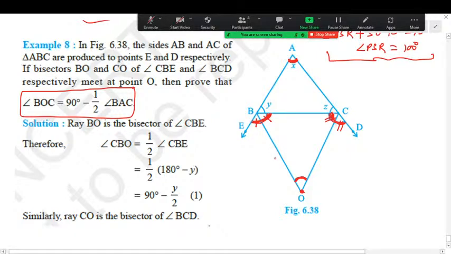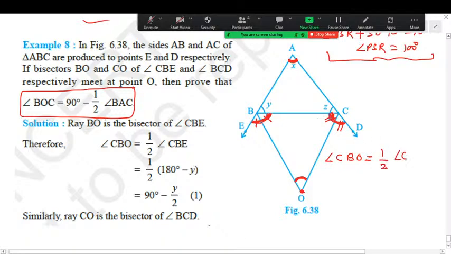In order to prove this, we use the concept of exterior angle as well as angle bisector. And what does it suggest? This angle CBO is half of angle CBE.